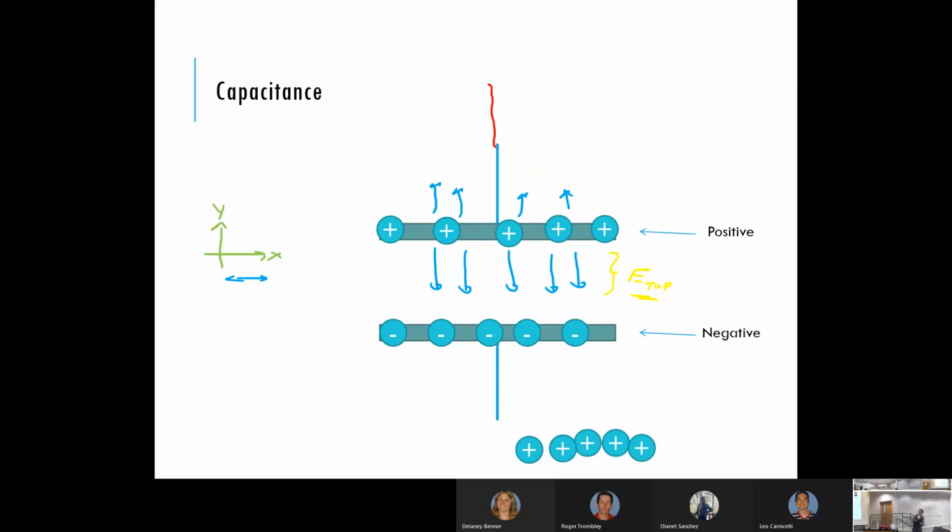You could have also done it with negative charges. You force negative charges onto the top plate, that will force negative charges off the bottom plate, and you end up with one being positively charged, the other negatively charged. You have now separated the charges.